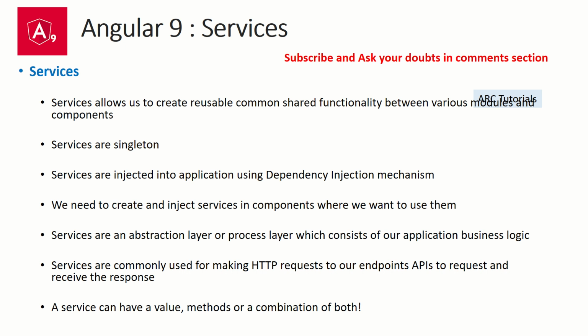I'll show you some examples and some real-time use cases. So services are mostly used to make the HTTP requests to our endpoints, and also to make a request and process the response. A service can have a value, it can have methods, or a combination of both.